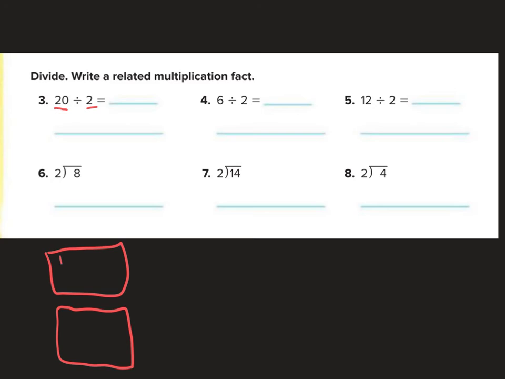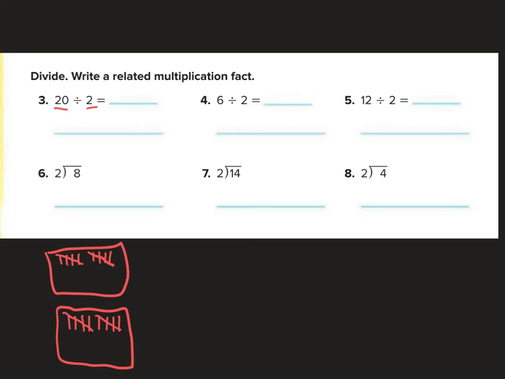Here we go. 1, 2, 3, 4, 5, 6, 7, 8. Then I'm crossing. 9, 10, 11, 12, 13, 14, 15, 16, 17, 18, 19, 20. So I cross for the fifth one.